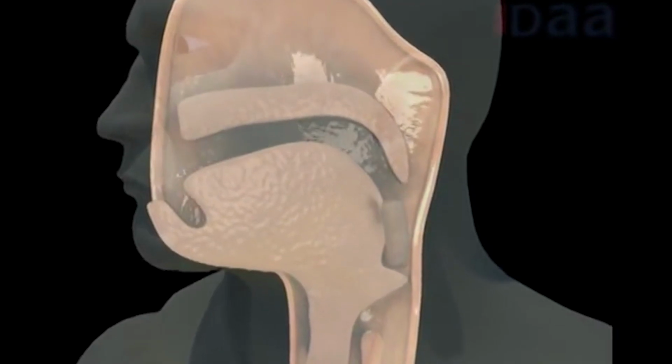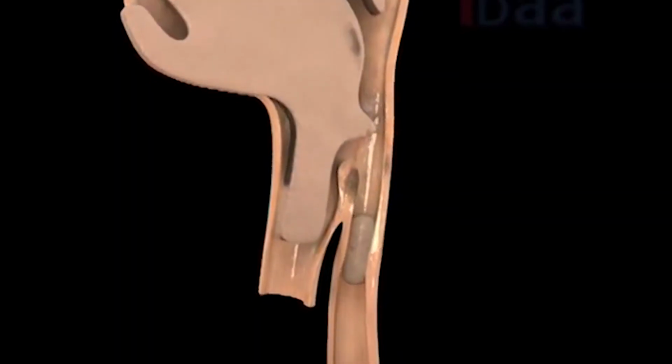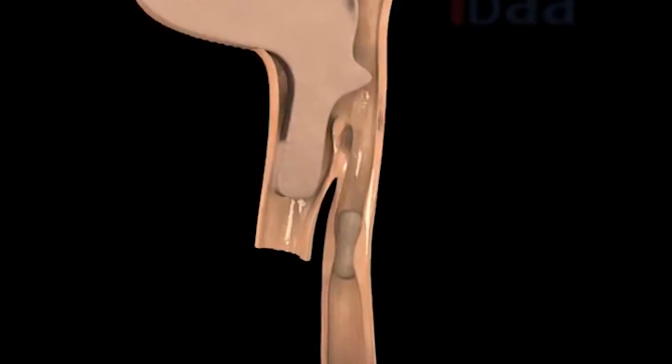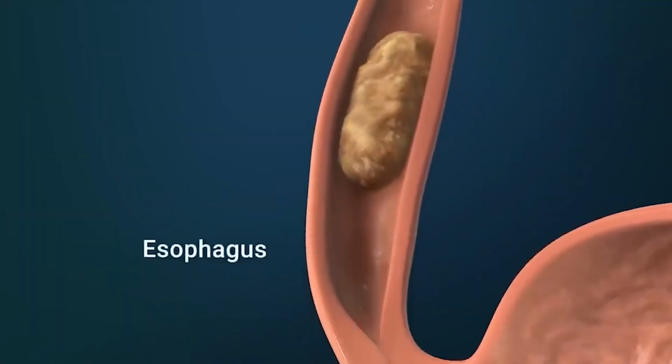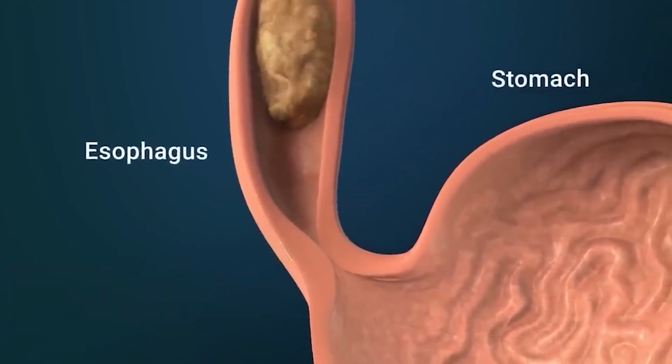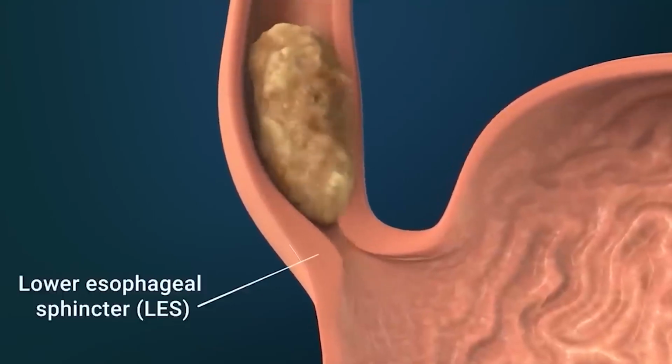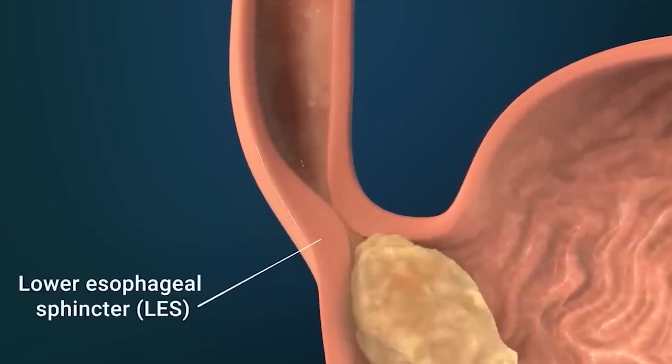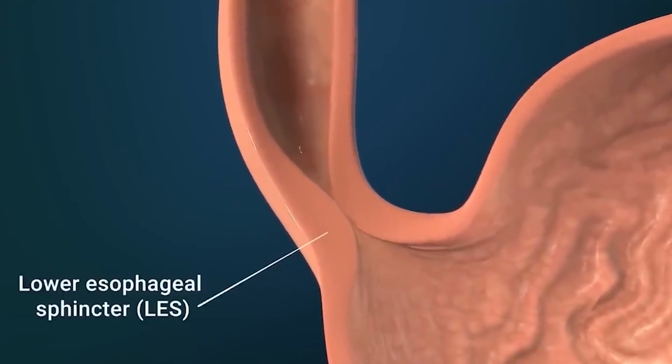The bolus enters into the esophagus and is moved down by peristaltic movement, that is the alternate contraction and relaxation of the muscles of the esophagus. This is known as peristaltic movement. The bolus enters into the stomach from the esophagus when there is relaxation of the muscular band, or ring of muscle, at the upper part of the stomach, called the cardiac sphincter.